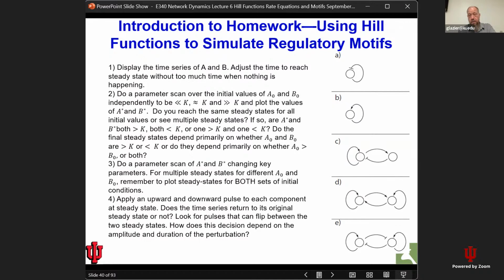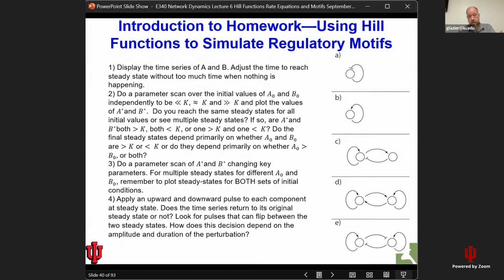And so Herbert, in chapter 1 of his textbook, has a series of motifs. These are gene regulatory motifs, as it happens, which are common circuits that you find in biological systems.